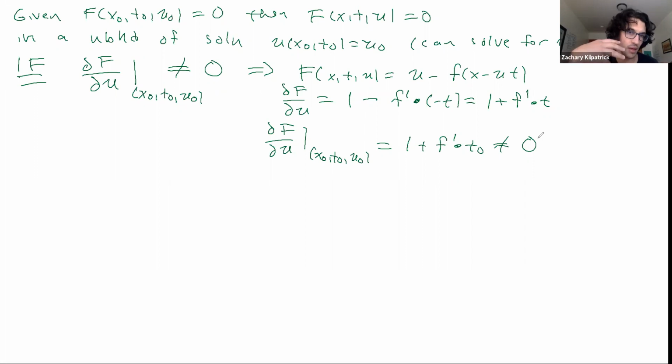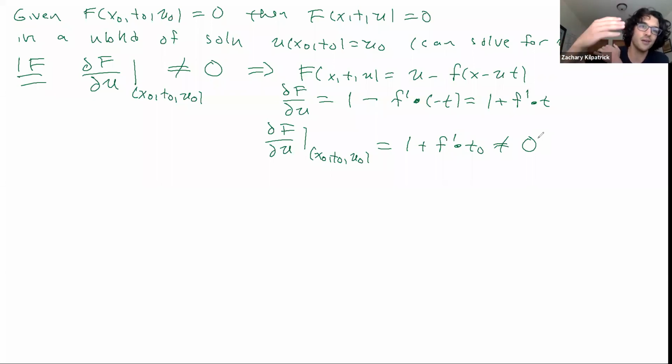The deeper thing that we're identifying is that if you don't have this condition satisfied, then you're not going to be able to construct a solution even near your initial condition. So the implicit function theorem is actually talking about whether or not I can construct solutions.